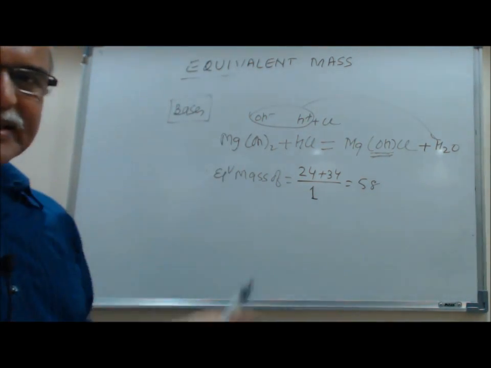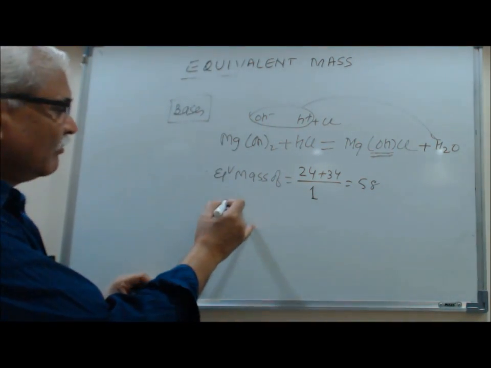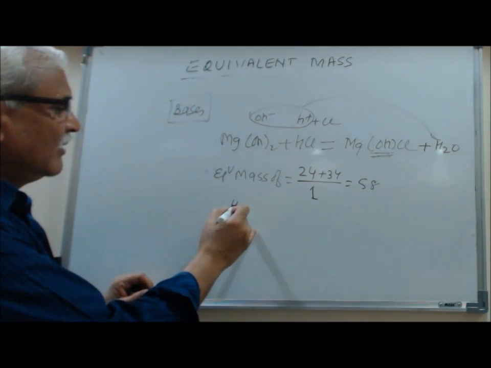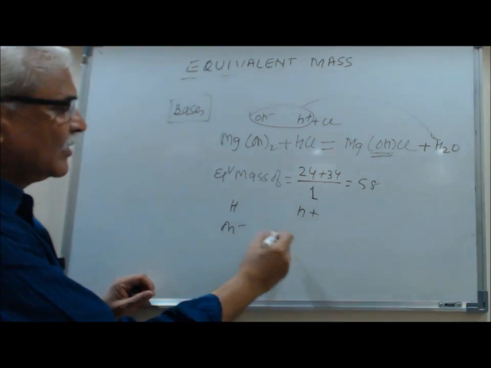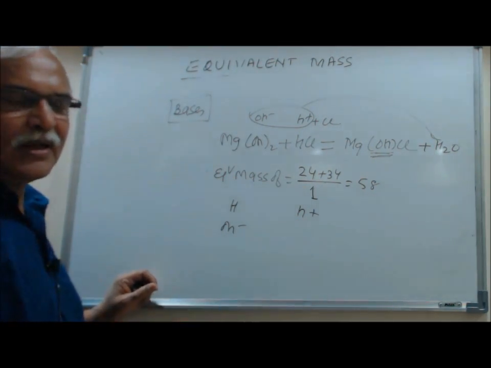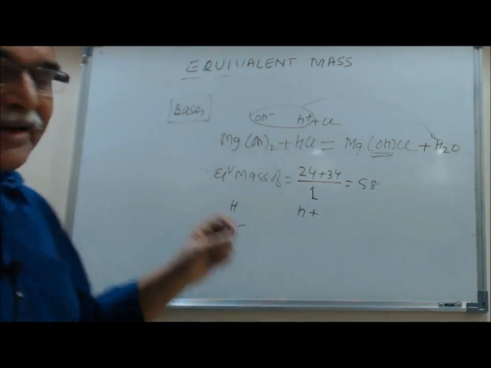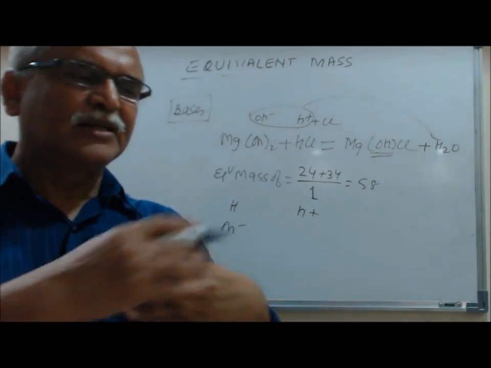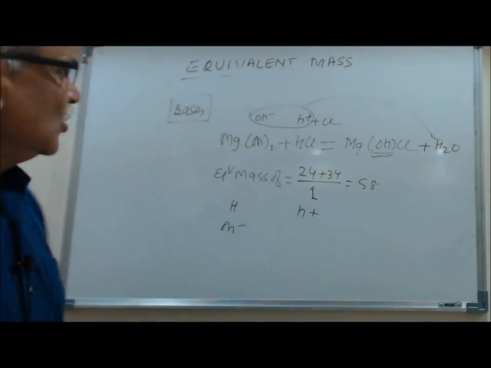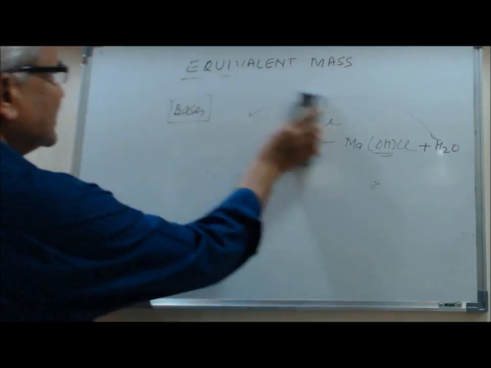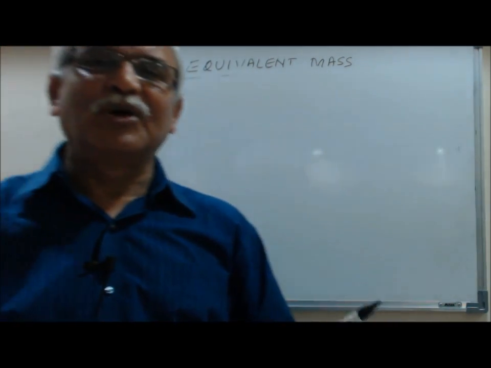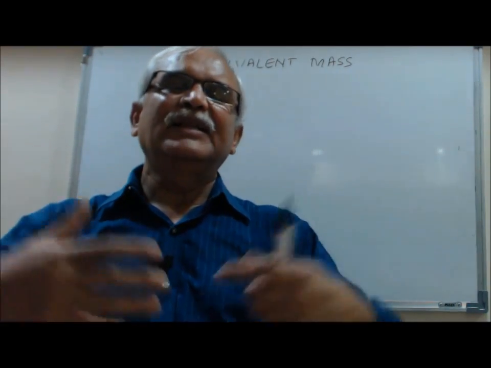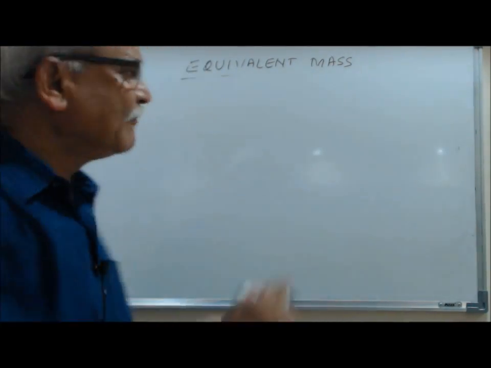And this discussion, I am again saying, is confined to molecules containing hydrogen, which can go as proton, or hydroxyl ion, which can come out. About some other acids which do not have hydrogen, we shall discuss later on. So basically, we have discussed how to find the equivalent mass of different types of molecules that you will encounter in chemical calculations.